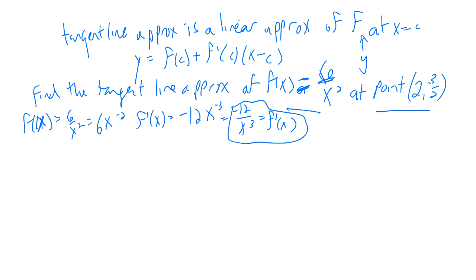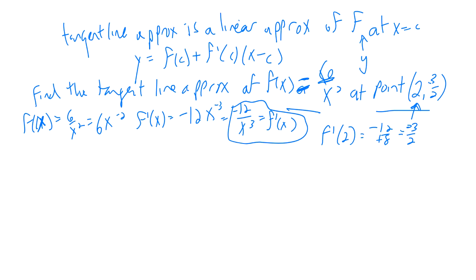So we have to evaluate f prime of 2 at the particular c value that we're talking about. That's going to be negative 12 over negative 8, I take that back, that's negative 12 over positive 8. And if I simplify that, it's negative 3/2.